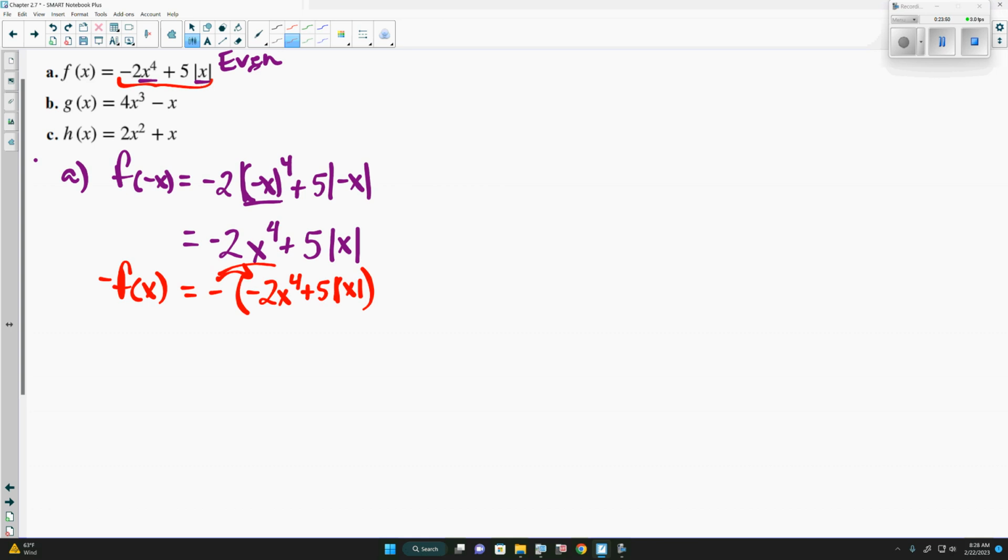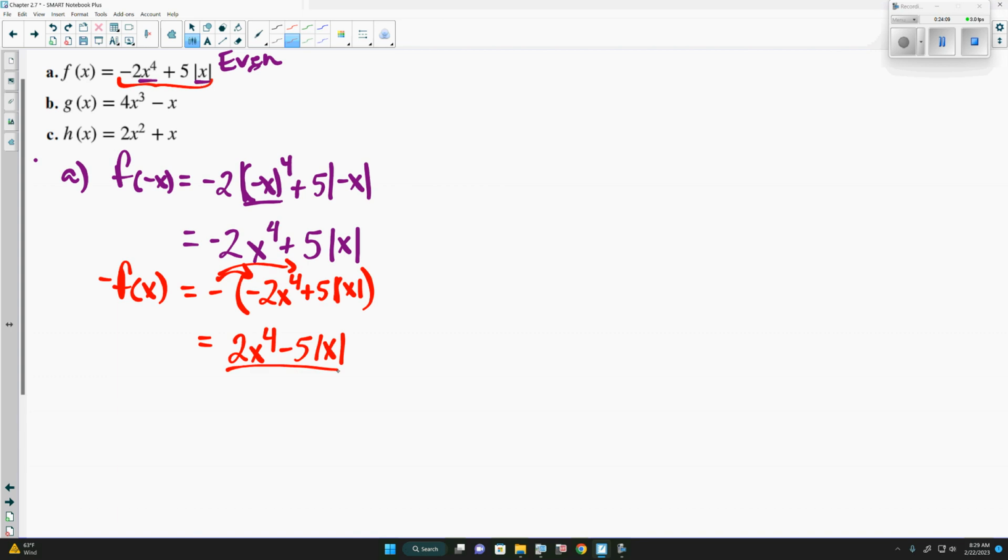And if we distribute this negative, negative 1 times negative 2x to the fourth is just going to be 2x to the fourth. Negative 1 times 5 absolute value of x is going to be negative 5 absolute value of x. Is this the same as our original function?